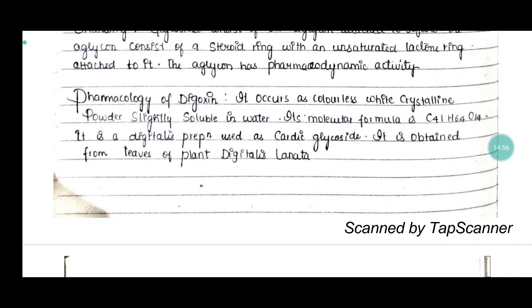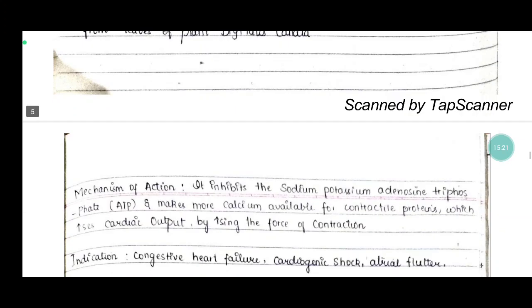It occurs as a colorless white crystalline powder, slightly soluble in water, and the molecular formula is C41H64O14. It is a digitalis preparation used as a cardiac glycoside, and it is obtained from the leaves of the plant Digitalis lanata.